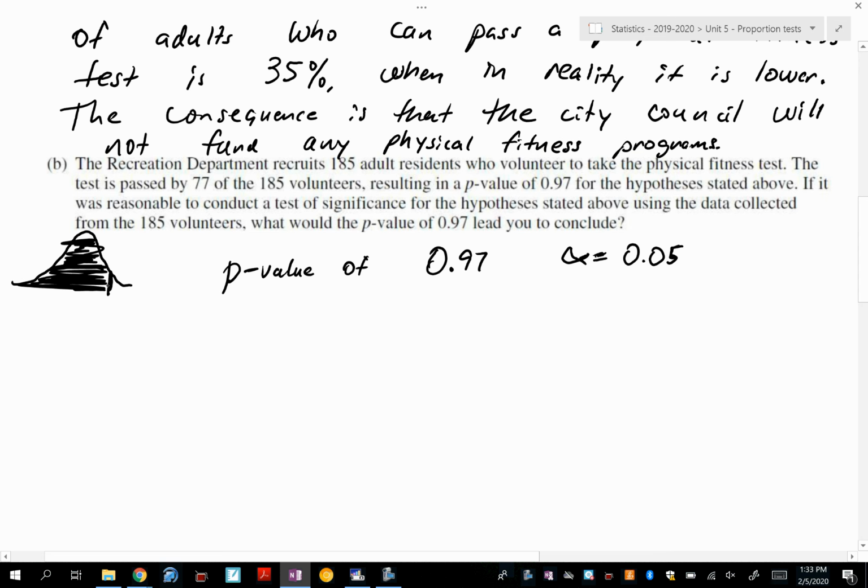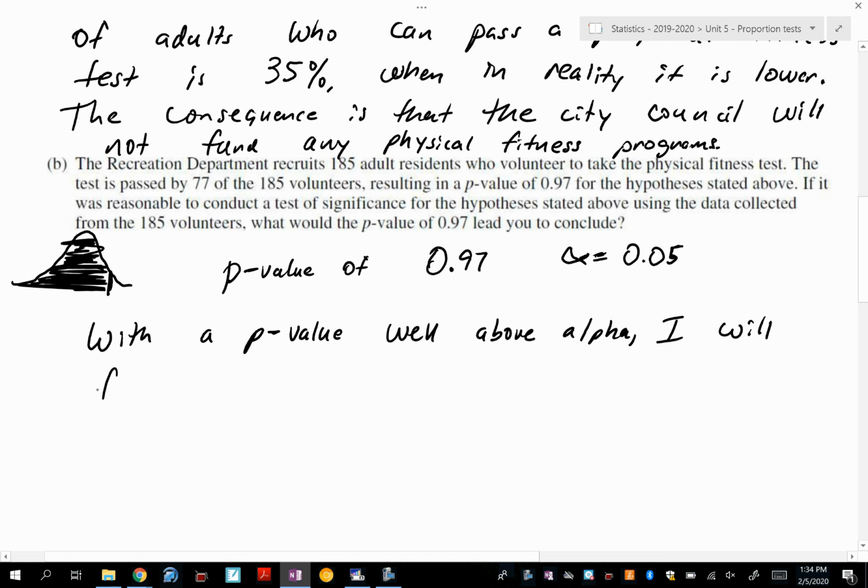I don't. So my conclusion would state something like, with a p-value well above alpha, I will fail to reject the null hypothesis.